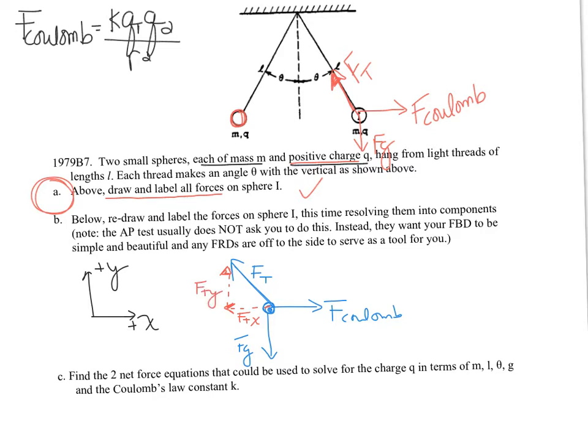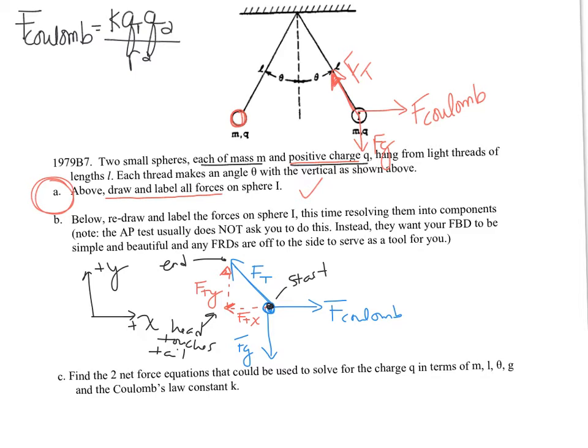Remember that components add head to tail, but the resultant, or the vector that we were splitting into components, needs to start in the same place that your two components start and end in the same place your two components end.